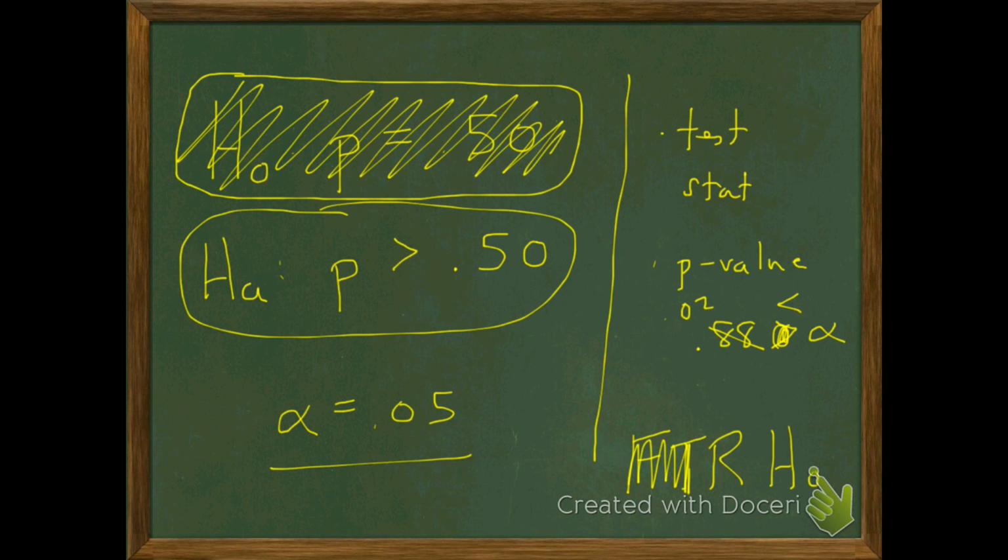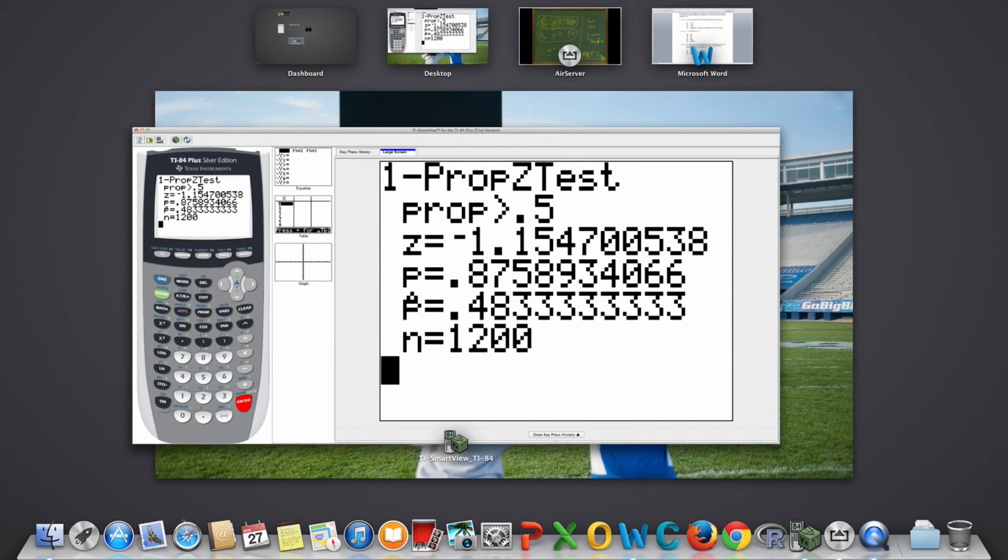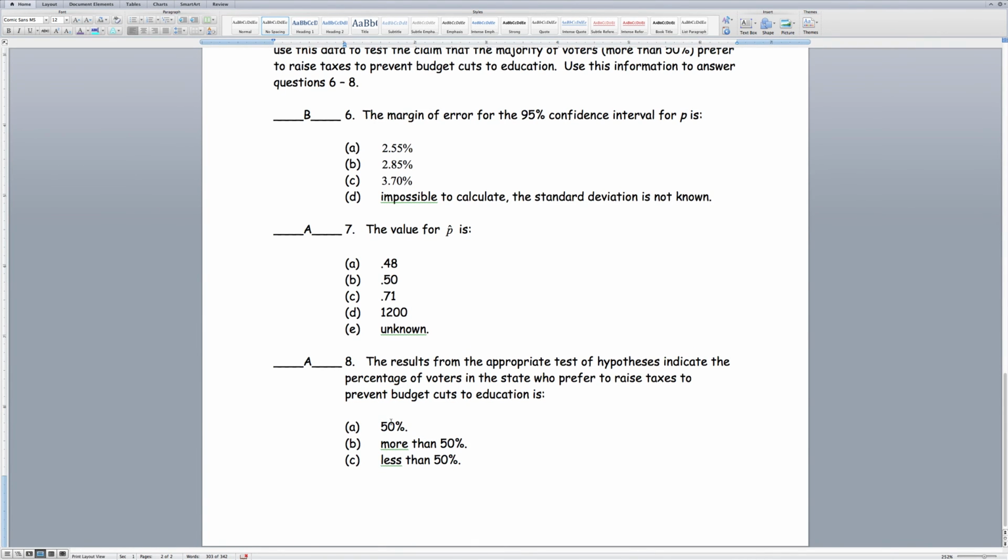So we would go back to our test, and instead of selecting A as we did in this case, we would select this.